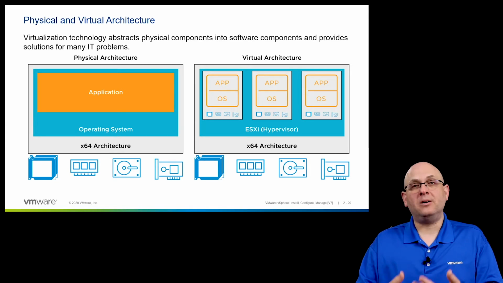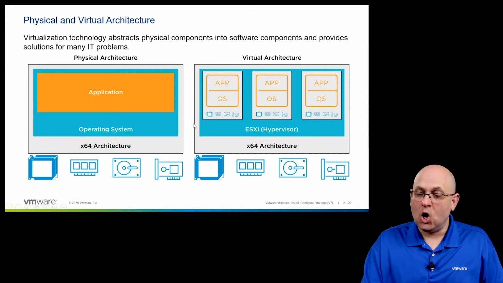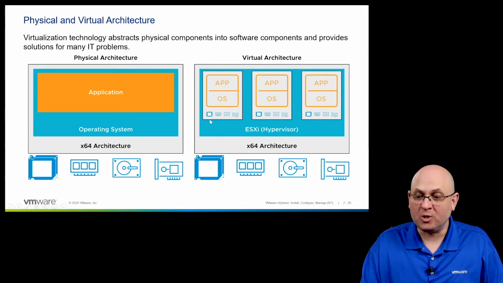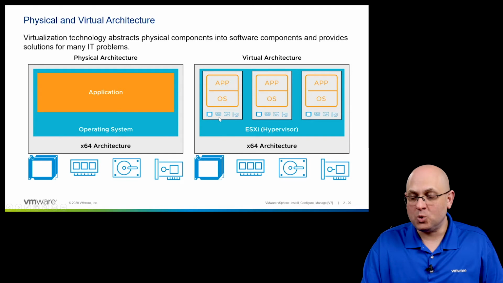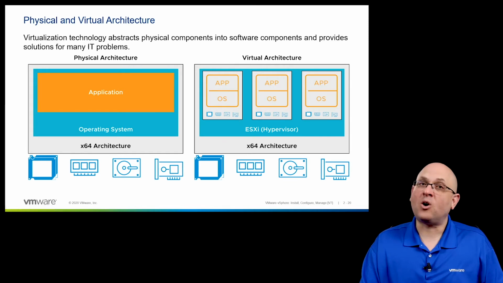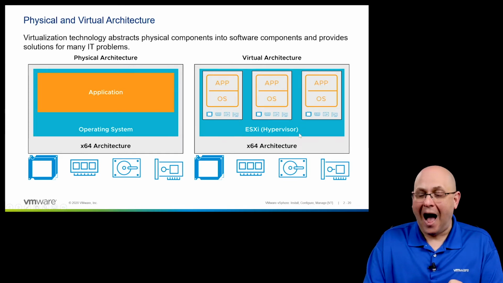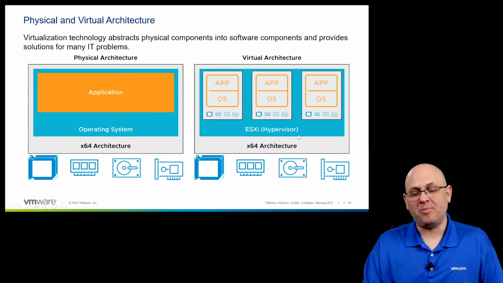So that when we build a virtual machine, we assign to it its own complement of virtual CPU, of virtual memory, of virtual disk, and a virtual network port, that are all derived from and managed by the ESXi hypervisor.